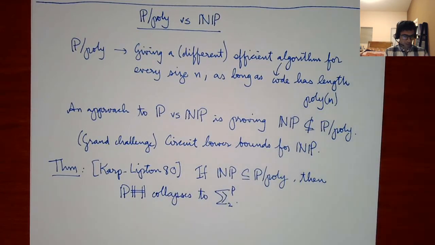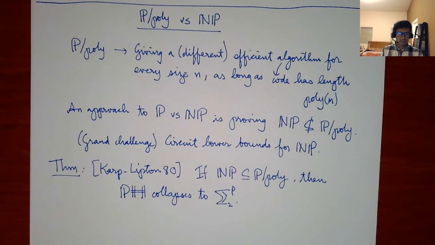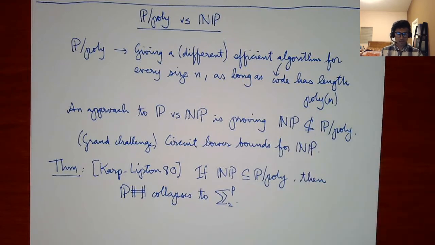When you first look at this, it's surprising because the conclusion has nothing to do with circuits. What this is saying is, if you think the polynomial hierarchy does not collapse, then you conclude that NP is not in P/poly. Of course, if the polynomial hierarchy doesn't collapse, then it's obvious that P is not equal to NP. If P is equal to NP, the polynomial hierarchy collapses. But this is saying that even if NP is in P/poly, the polynomial hierarchy collapses.